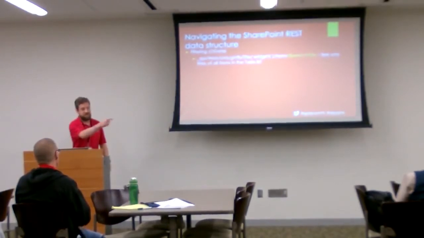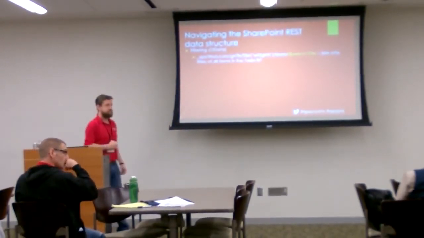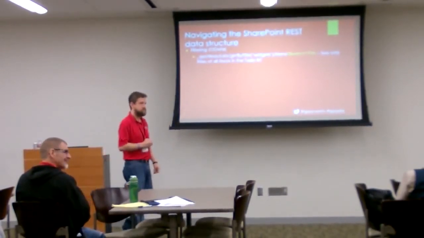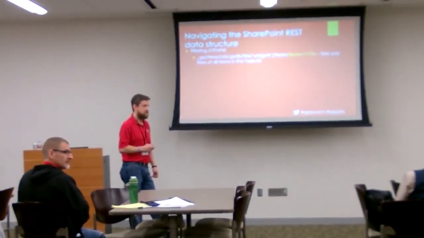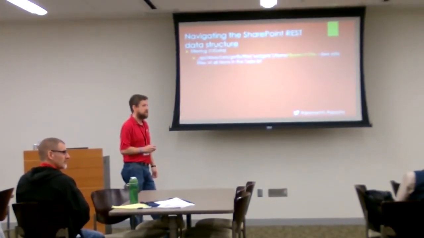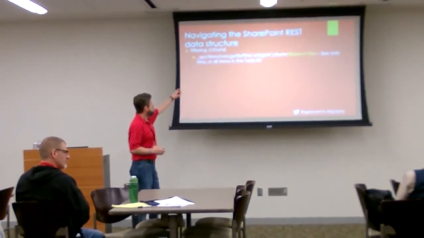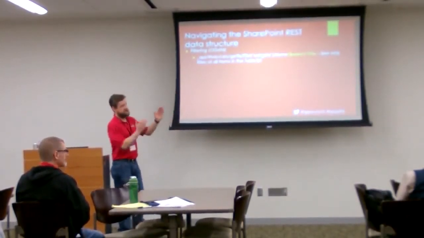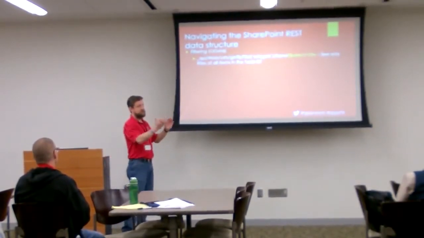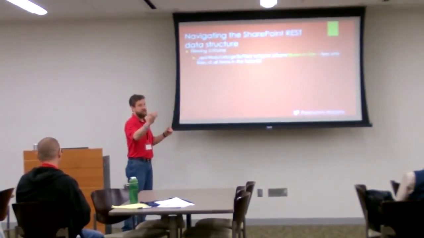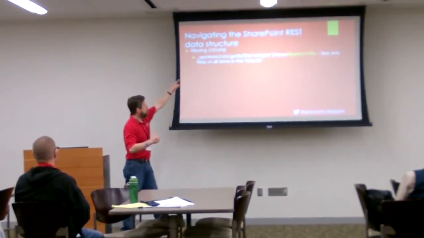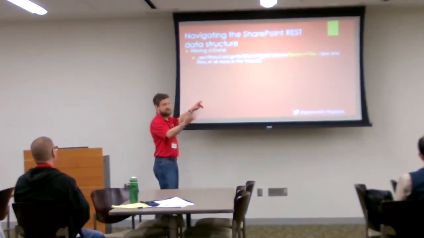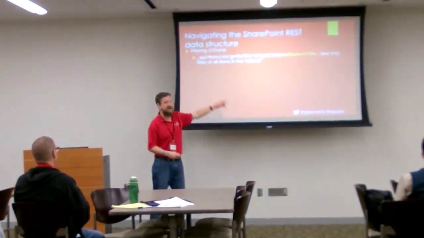Yes, sir? So I know you said 2013 you had the underscore API, 2010 you don't. So are you saying for that underscore API you just replace it with that path? Yeah. So it goes server/site/underscore VTI underscore bin/web/ or client service, /web/list/ yeah.